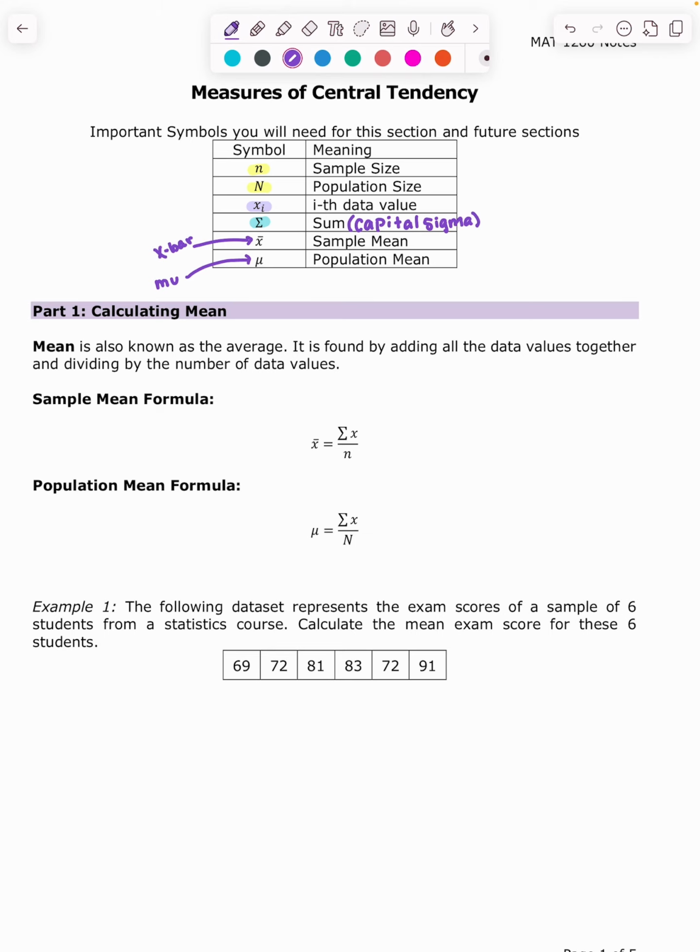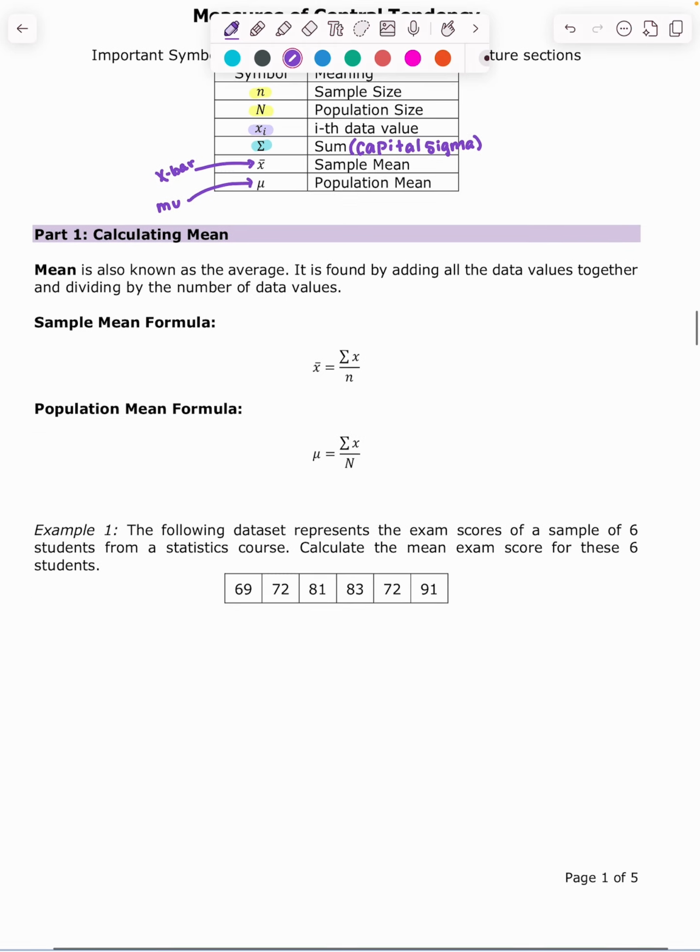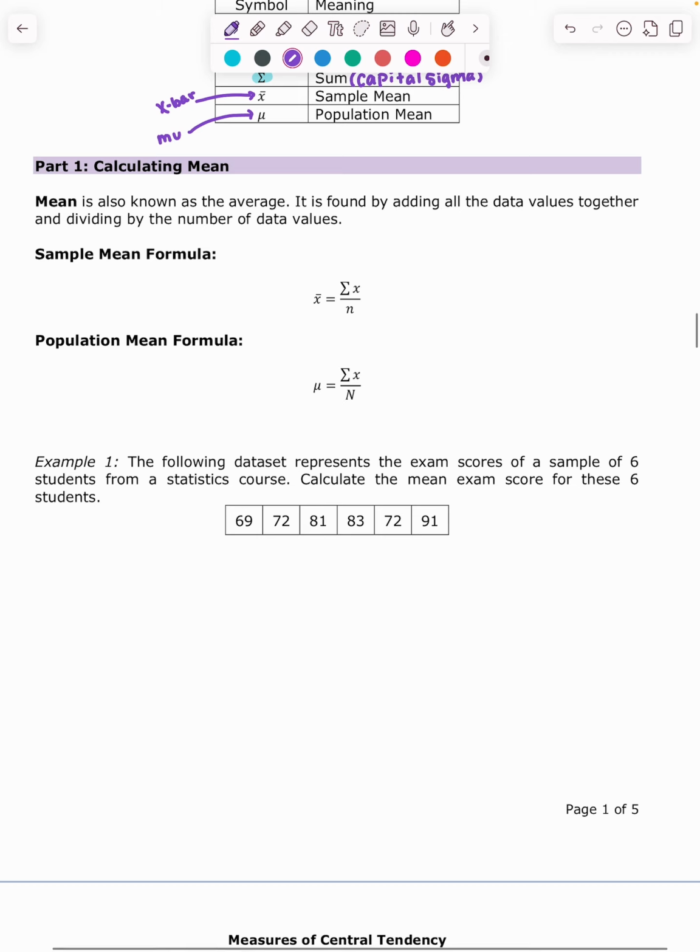So let's go ahead and look at what the mean is and how we calculate it. So the mean is most commonly known as the average. It is found by adding all the data values together and dividing by the number of data values.